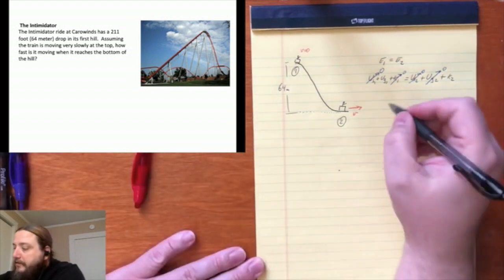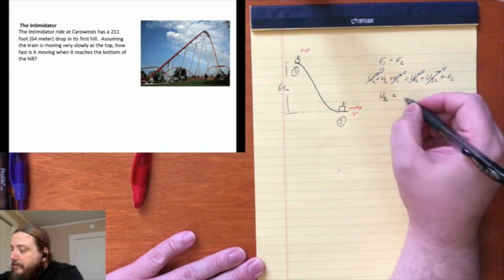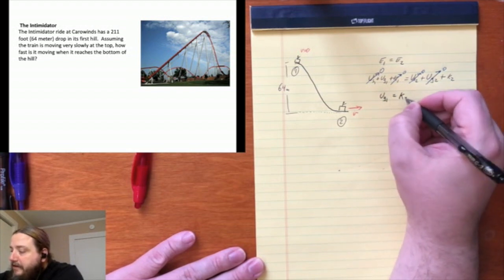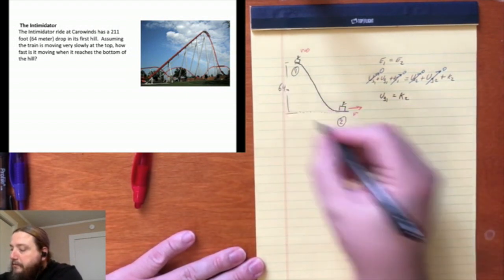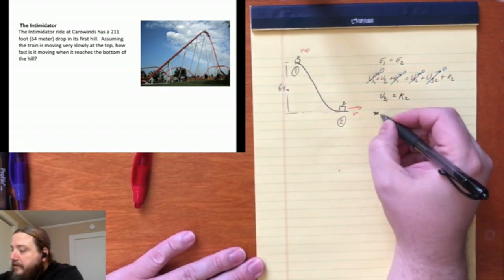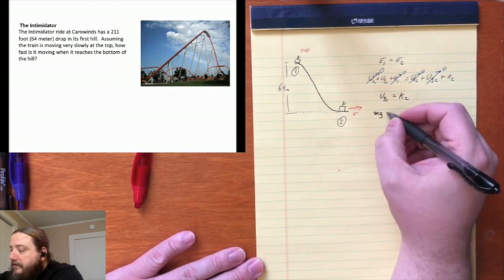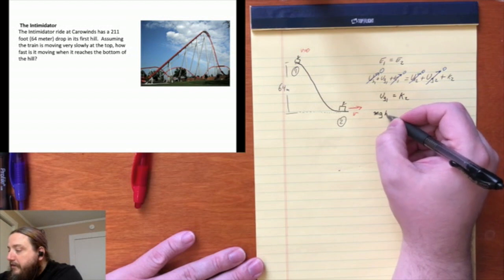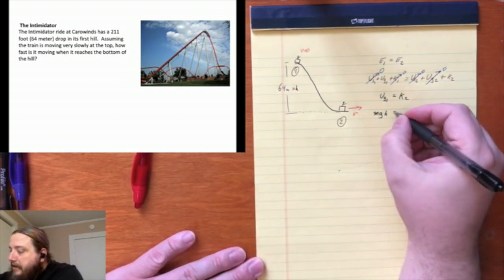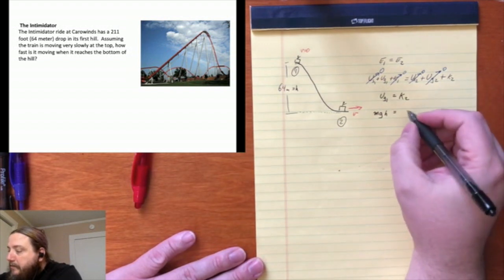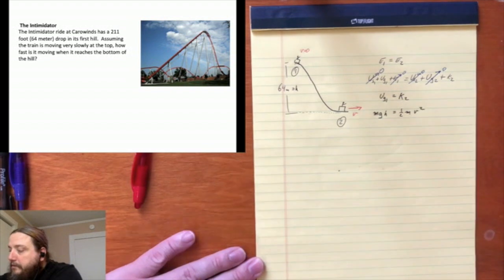And what we're left with is that the gravitational potential energy at moment 1 must equal the kinetic energy at moment 2. And the gravitational potential energy at moment 1, that's going to be mass times our constant g times the height of our hill, and the kinetic energy at moment 2, that's going to be 1/2 our mass times our speed squared.